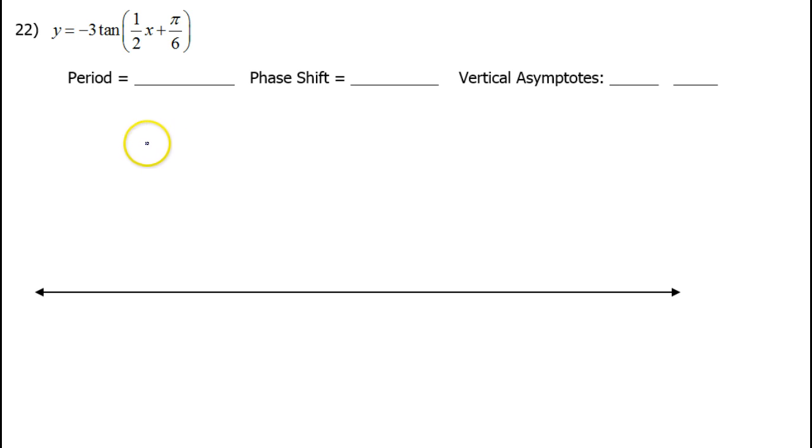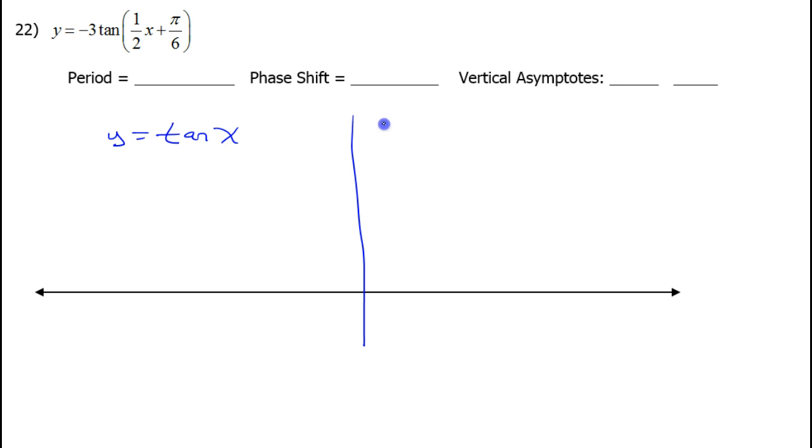Alright, last we're going to graph this tangent function. But before we get started, a lot of students get confused between the tangent function and the cotangent function. So let me emphasize the difference between the two. So here's a quick sketch of just y equals tangent x. Alright, I'll put that on the left hand side.